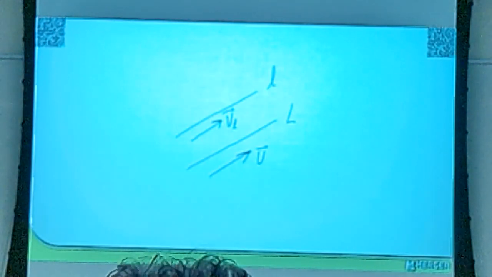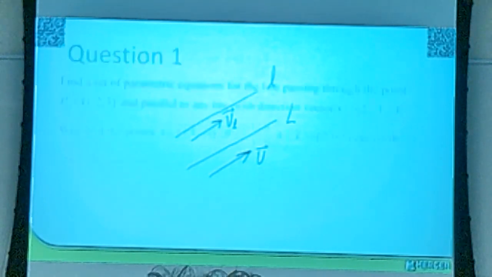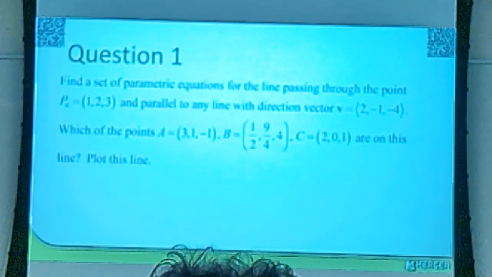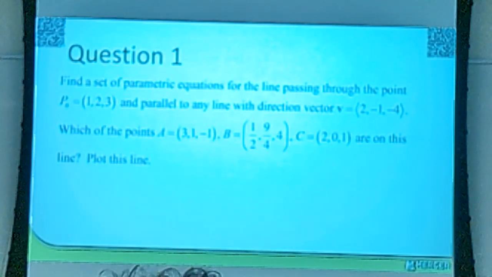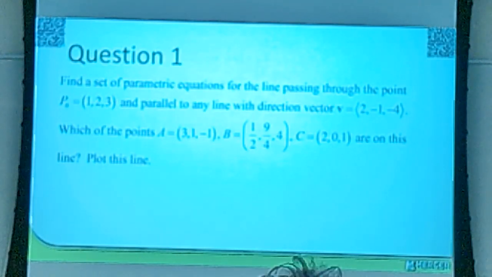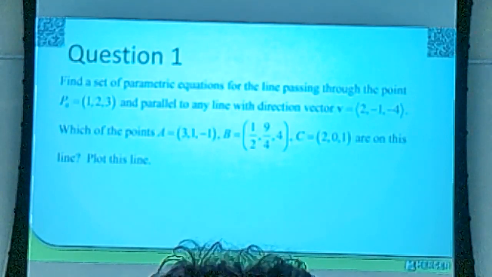The line in question is parallel to the given line L. What do we know then about the direction vectors? They have to be parallel. Every vector is parallel to itself, right? So why not just use the given vector as our direction vector? And we also have the point, so we have everything we need.